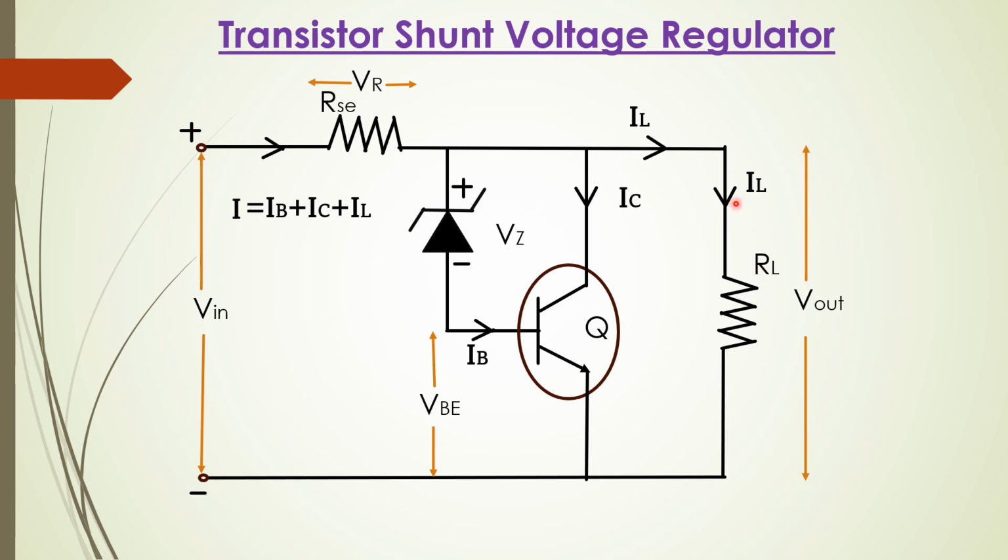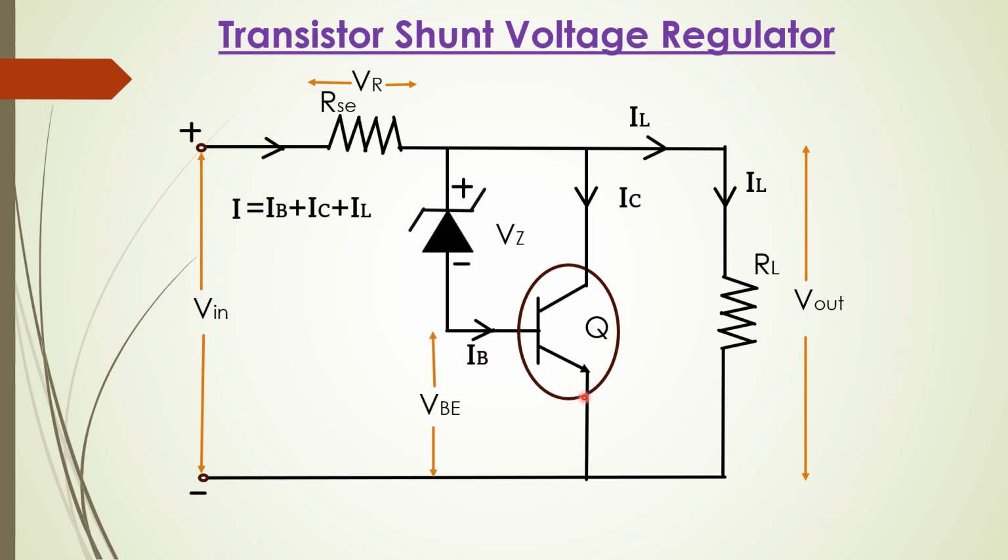When there is an increase in IL, IB and IC will also change, which means they are going to decrease, because IL is supplied by IB and IC. So the input current I remains constant, if we assume so, and V out equals V in minus VRSE, so it maintains constant. Even if there is a change in RL, that is also being compensated.